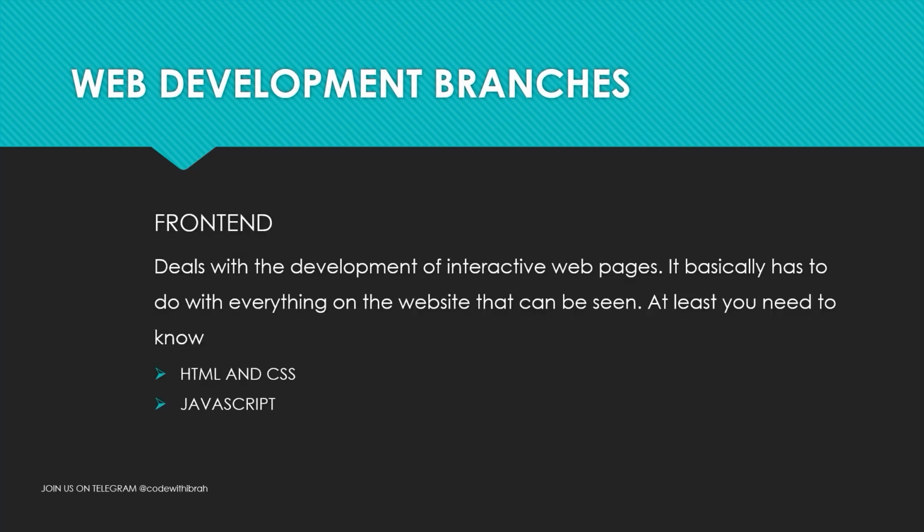Diving deeper with the front end, it deals with the development of interactive web pages. Basically it has to do with anything on the website that can be seen. For you to know front end, you need HTML, CSS, and JavaScript. So for beginners in the web development industry, this is what we need to know. For you to become a front-end developer, there are three sets of languages that you must know.